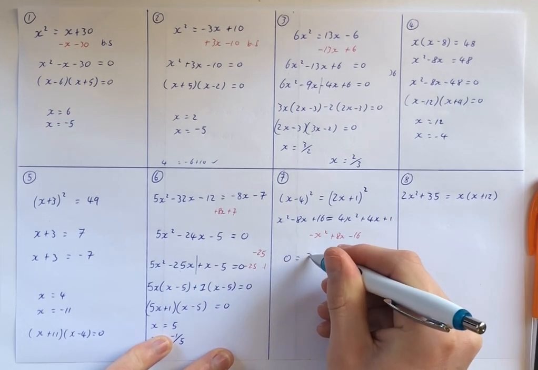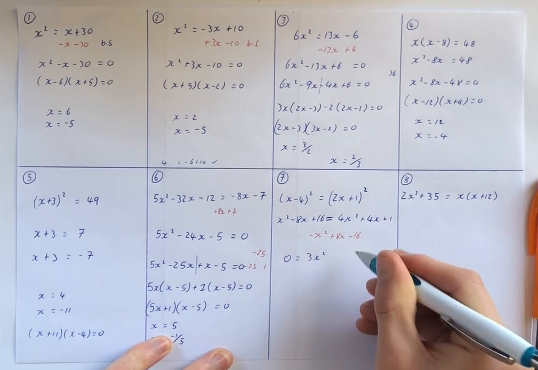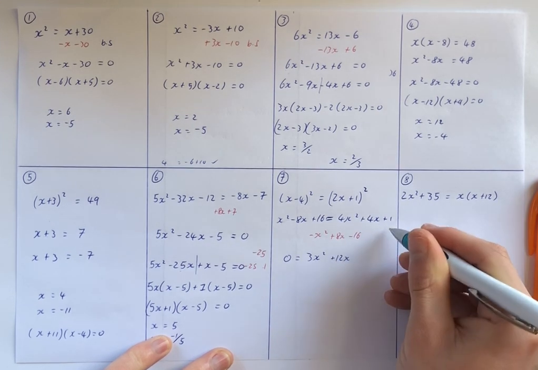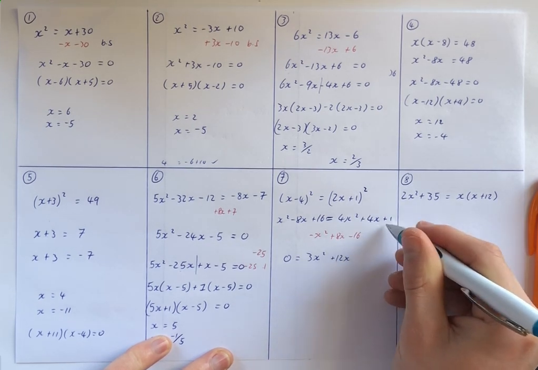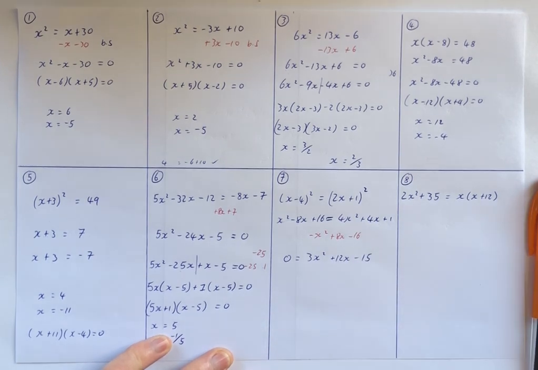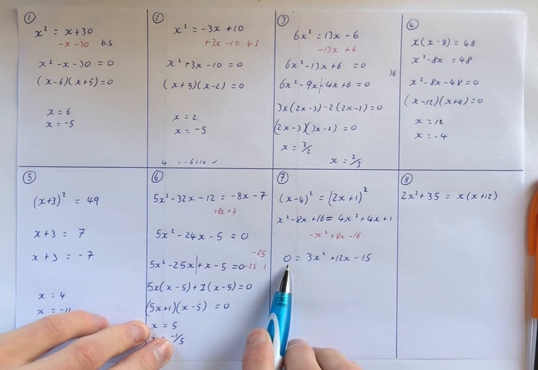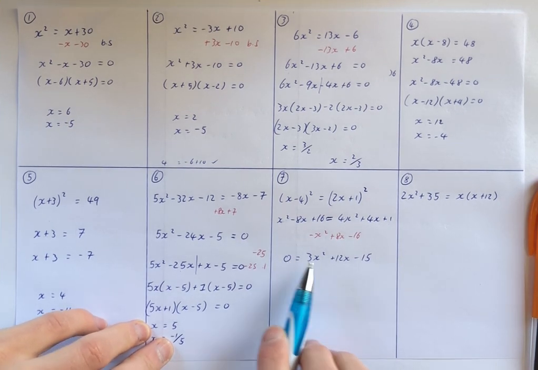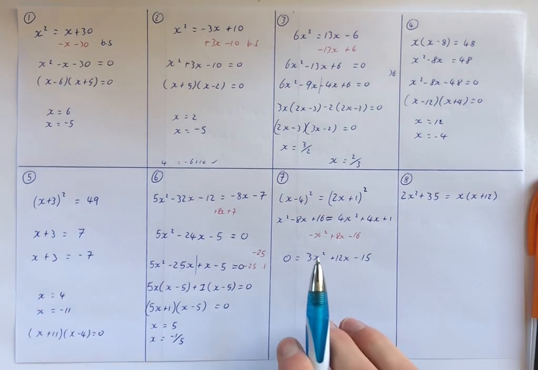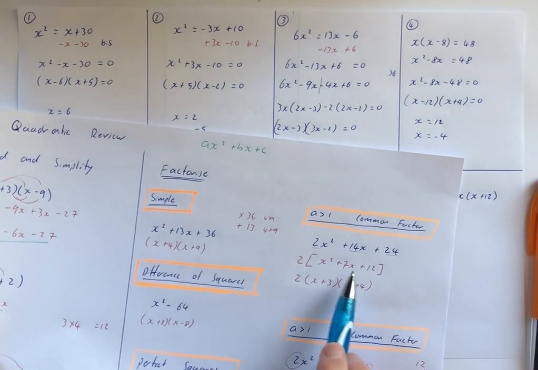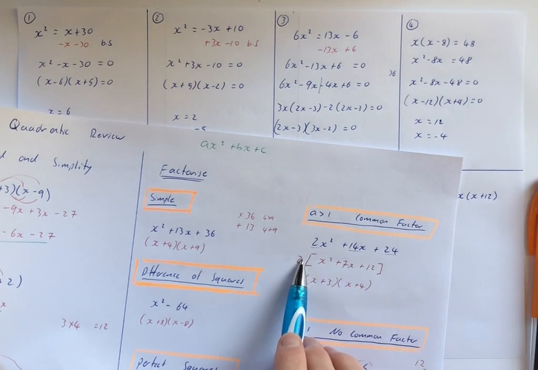Which is going to leave me 3x squared. And I'm adding 8x, so plus 12x, and I'm subtracting 16, so minus 15. Oh, finally, I've got a nice one. I can divide everything out by 3, including the 0. So you know how when we factorised these ones, we took the common factor out the front.